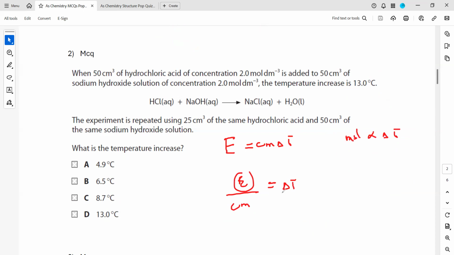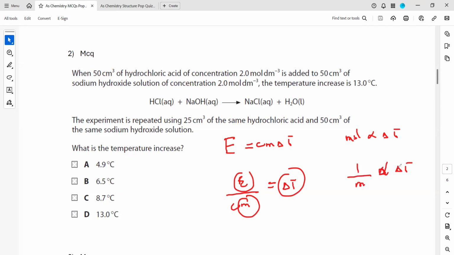They are directly proportional because they are both on the numerator. That's why if one is multiplied, it means they're directly proportional. Where the mass is in the denominator and the temperature change on the other side is in the numerator. So what is the relation between mass of a solution and the temperature change?